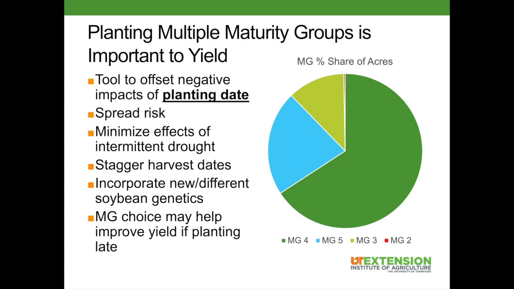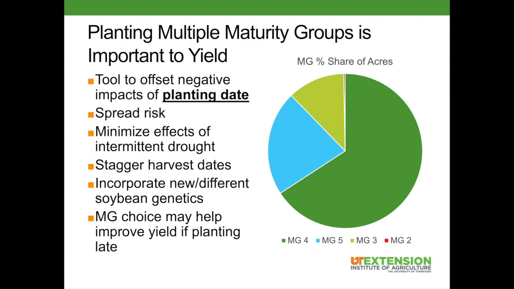By planting different maturity groups, a producer can actually determine when he wants to harvest a field. He's able to access new or different soybean genetics that kind of step outside of that maturity group. So all of that kind of goes back into, I think, spreading risk.